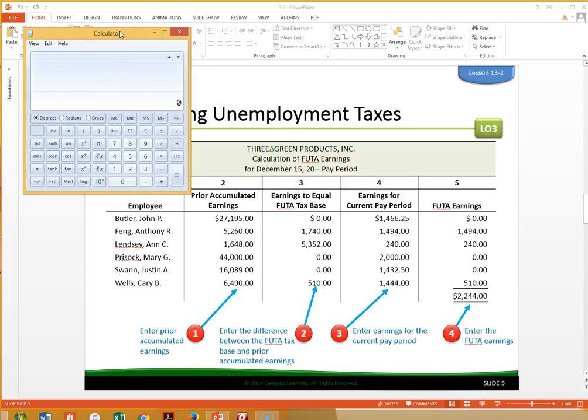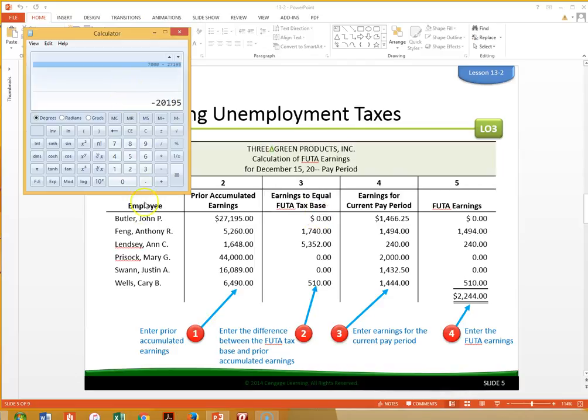So if I remember this right, we do 7,000 minus the prior accumulated earnings. And when you get a negative number, you place 0 in this blank.